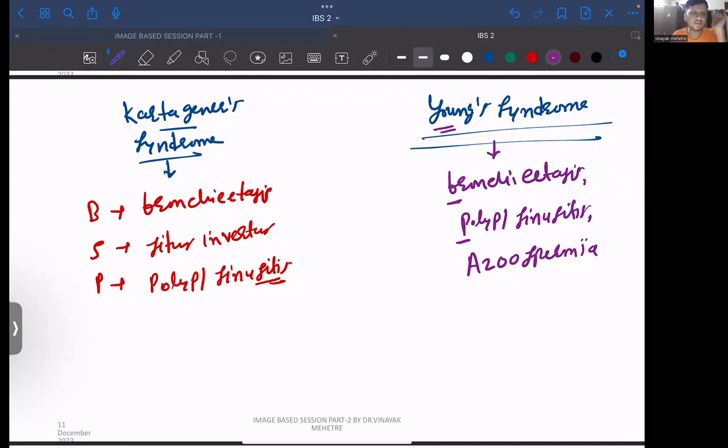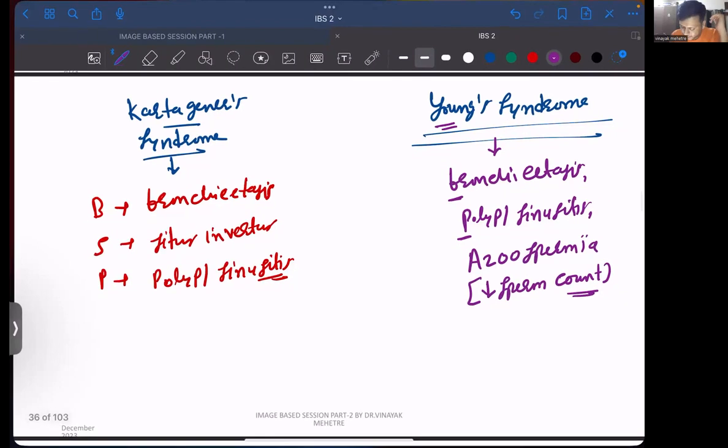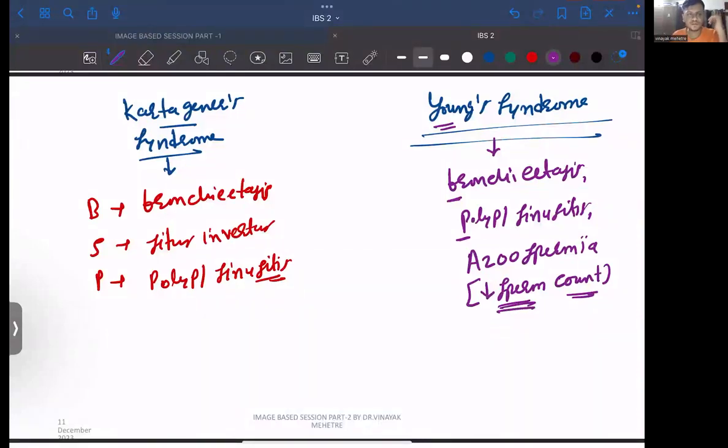Azoospermia, decrease in sperm count, है ना? अब इसका मतलब ये नहीं you are watching porn and masturbating more, still तुम्हारे पास sperm है, right? So उसका मतलब क्या है? Technically there is no infertility, we will take sperm out of the testis and can put it in the ovum directly. So Young syndrome में infertility नहीं होती. In Kartagener syndrome there is infertility.